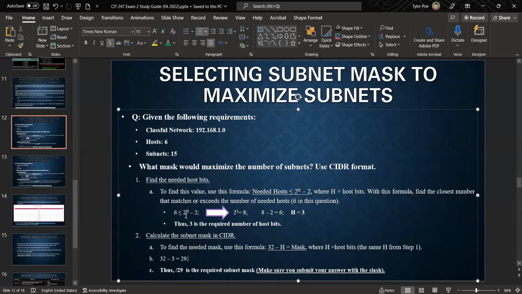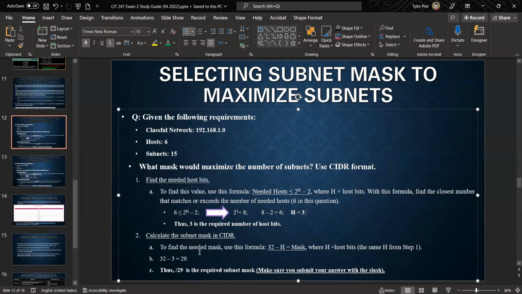So 2 to the power of 1 equals 2, minus 2 is 0, so that's not going to work. It's not going to give us any host bits. If we try 2 to the power of 2, that's 4 minus 2, which is 2 hosts, and that's less than the needed 6 hosts. 2 to the power of 3 equals 8. 8 minus 2 equals 6 hosts, and therefore our exponent, 3, is going to be our answer for this step.